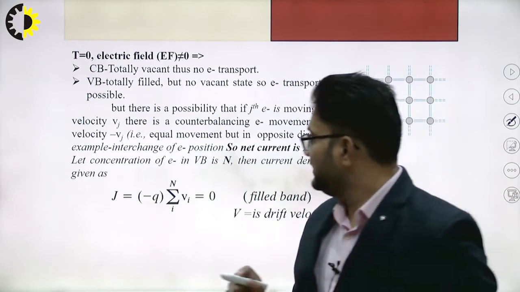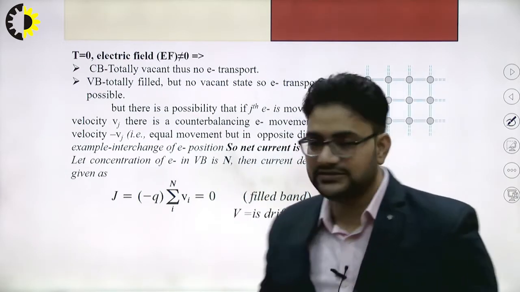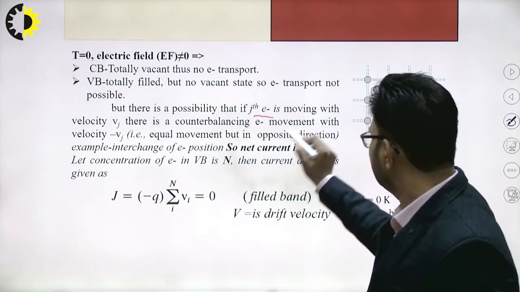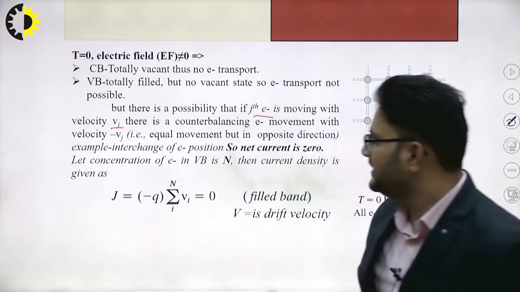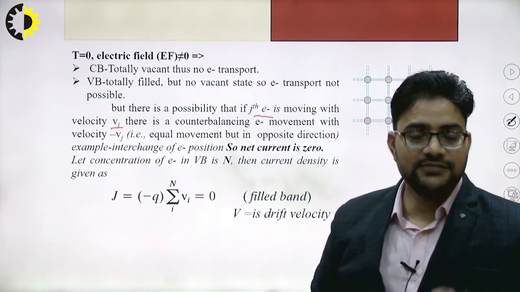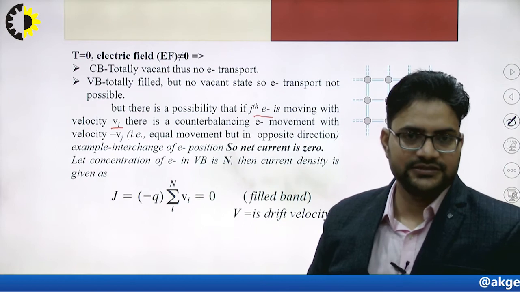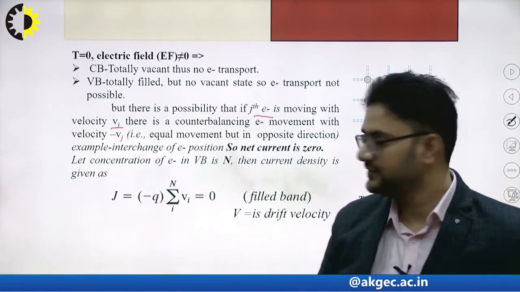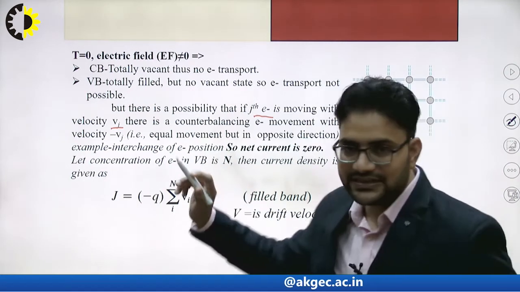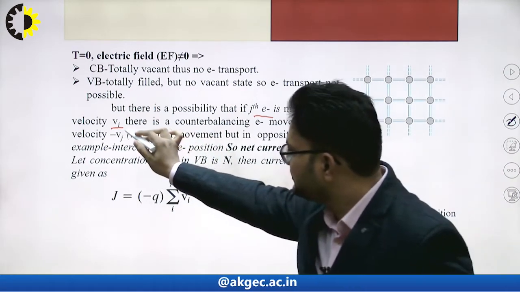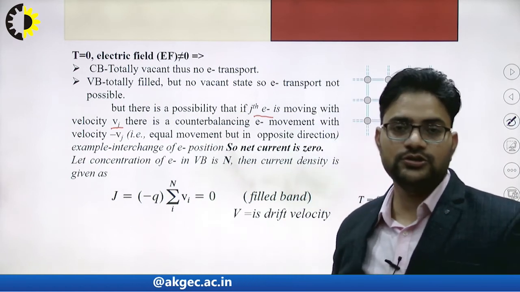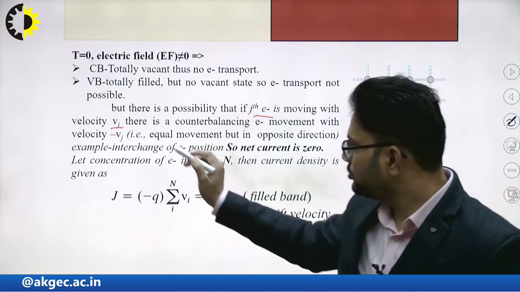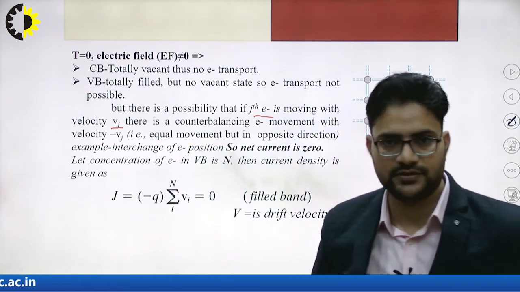Let us suppose that the jth electron is moving with a velocity of Vj, right? Another electron will be moving in the opposite direction to the previous one, so its velocity will be minus Vj, right?